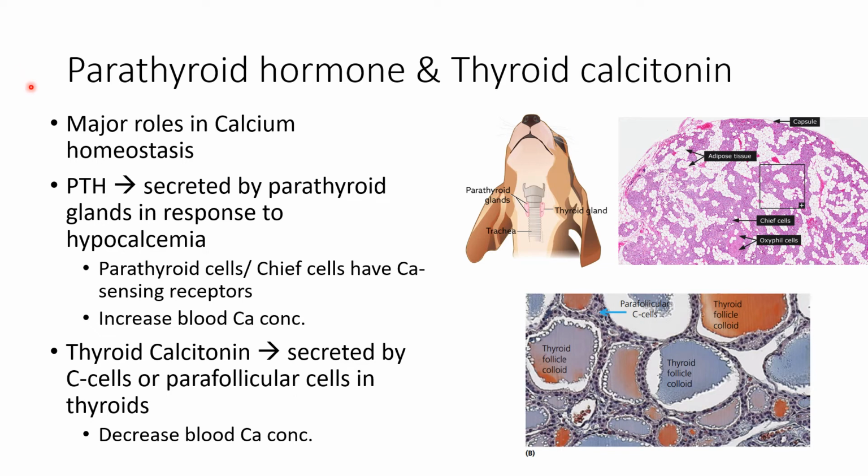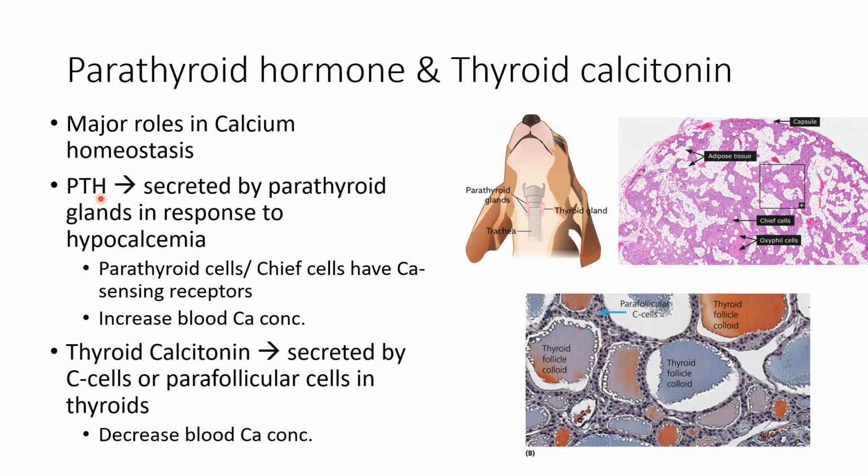punta tayo dun sa magkatabi lang na hormone, katabi lang na organ. So you have your parathyroid hormone, or your thyroid calcitonin. So these two actually play a role in calcium homeostasis. So maintaining the proper concentration of calcium in the body.